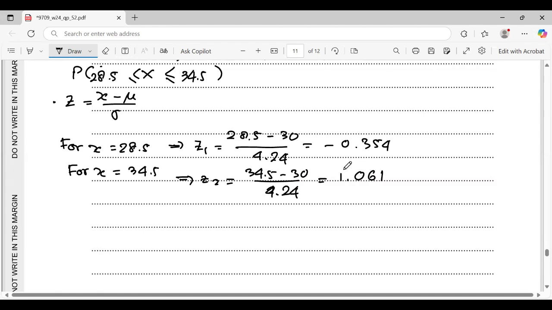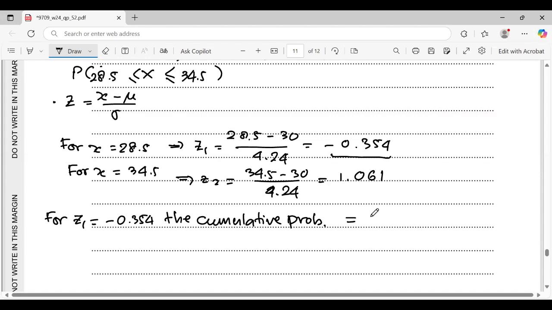Now, we can use a standard normal table or calculator to find the probabilities corresponding to the z-scores. So for z1 equal minus 0.354, the cumulative probability is approximately 0.361.